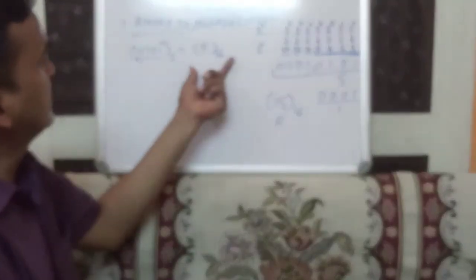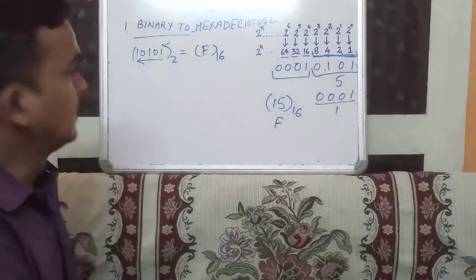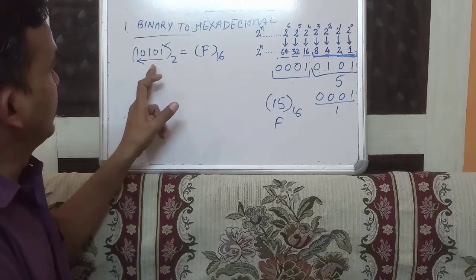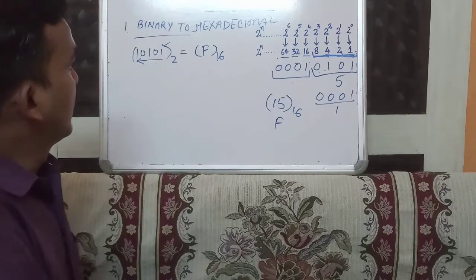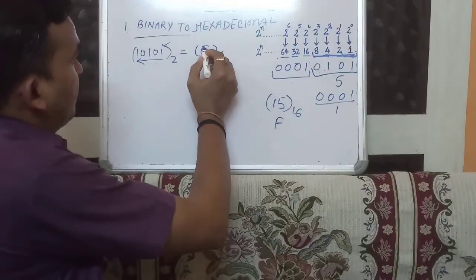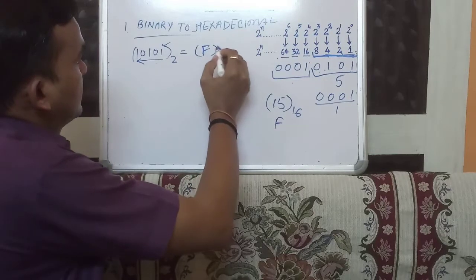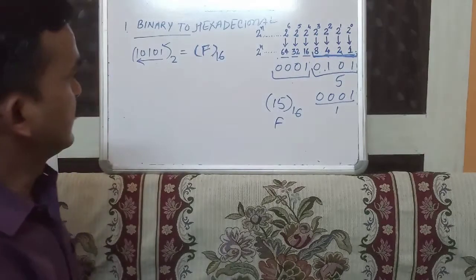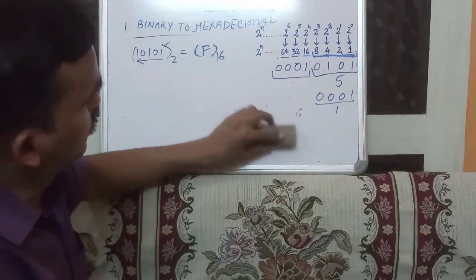So the correct answer is F base 16. So the binary value is 10101, and this binary value's hexadecimal value is F. So this is the complete answer for the hexadecimal value.